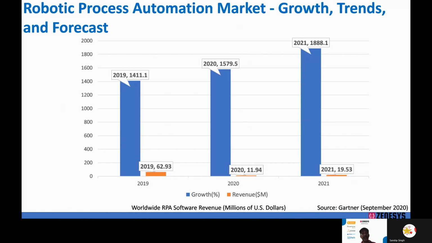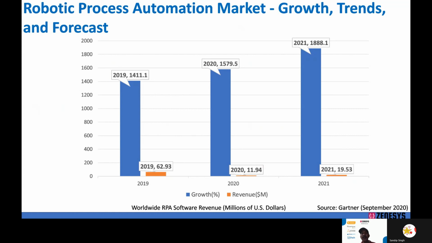In 2020 the growth was not as much due to the pandemic, but there was overall growth of around 12%, to be precise 11.94%, and the revenues went up to 1,579.5 million US dollars.